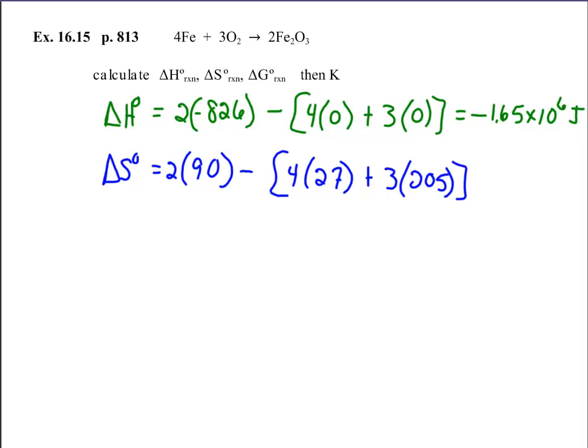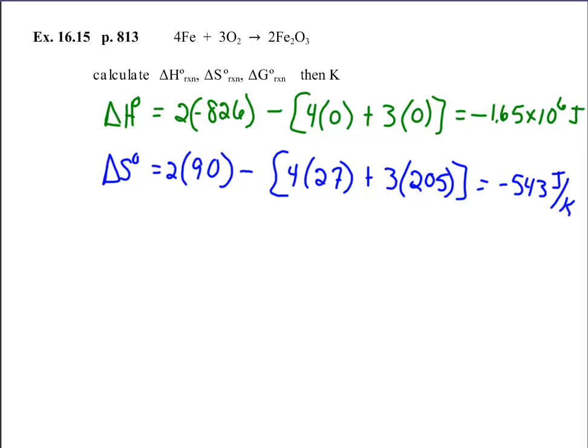If you stop to think about it, hopefully you'll realize that the entropy of a gas is generally higher than the entropy of a solid because they're moving and they can be in a large number of positions relative to each other compared to a solid. So I do the math for delta S and I end up with negative 543 joules per Kelvin. And the moles, remember, drop out because I'm multiplying by the coefficients, which are number of moles.